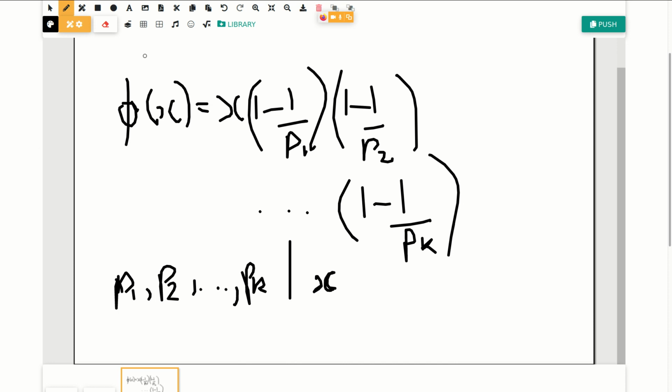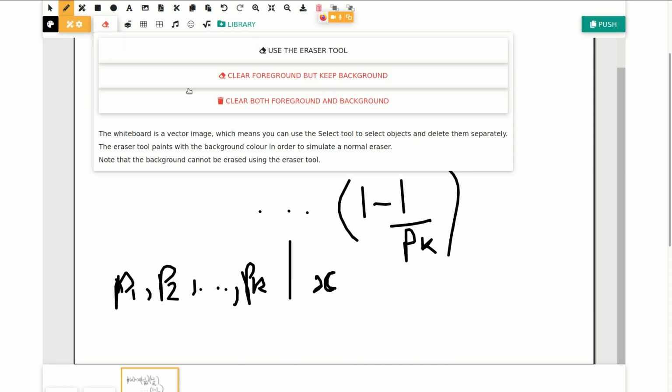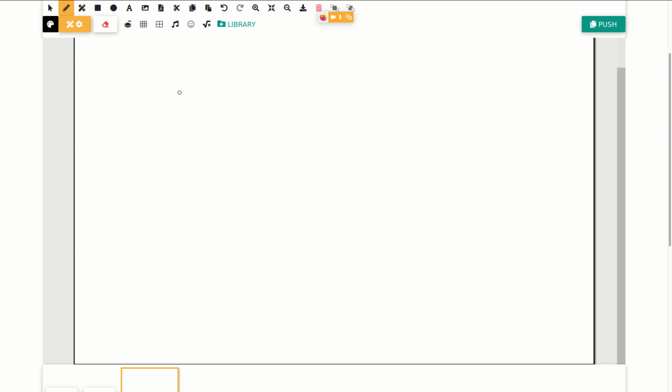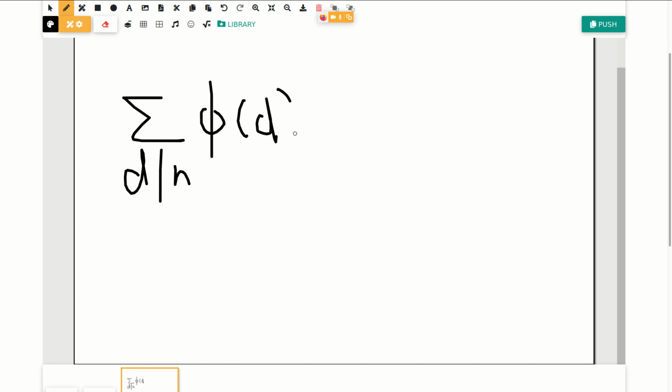Now, another very good identity, the second identity, is that the sum of phi of d over all the numbers d which divide n equals n.